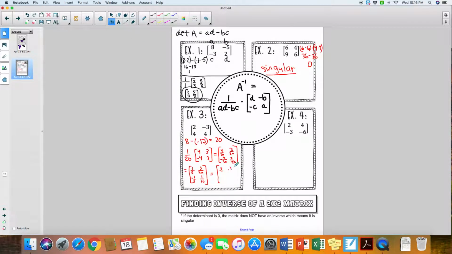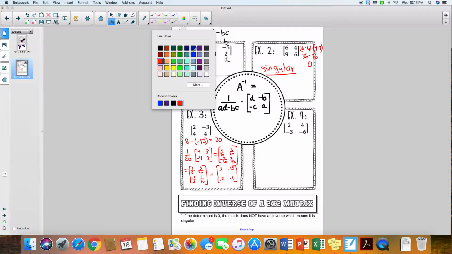So 0.15, and then this would be 0.2 and then 0.1. Either answer is acceptable. You could have done it in fraction form or decimal form.